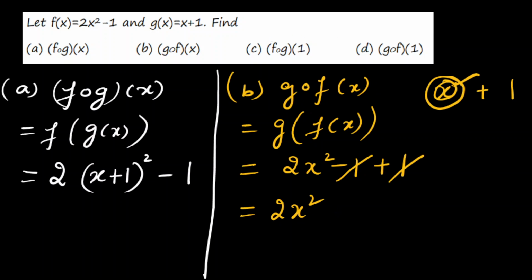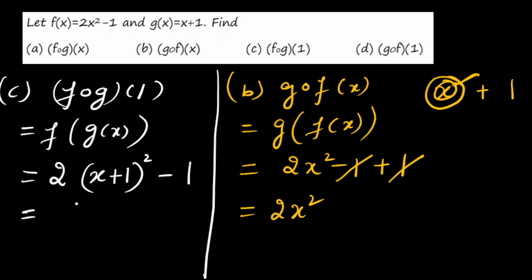Now C and D, it's a continuation. So C part we have to do. I'll write it along with A, just relating it. In this one, I have to find the value of f of g of 1. So wherever x is there, we have to substitute the value of x as 1.